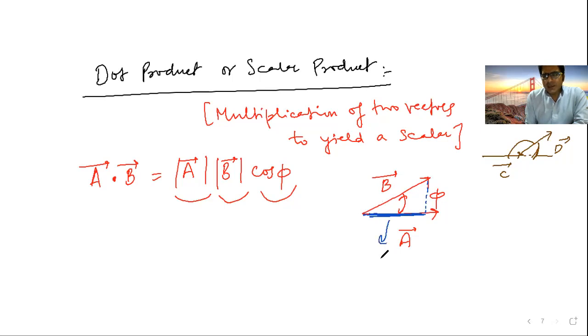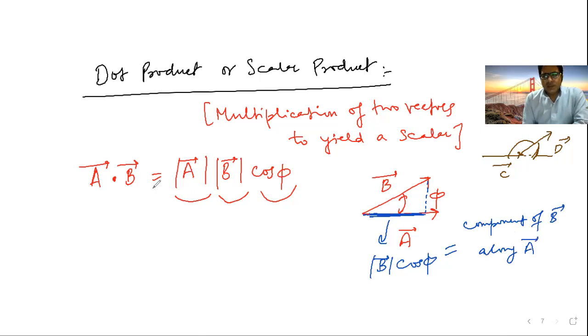This length is B cos phi, and it has a name. In vectors we call it the component of B along A.